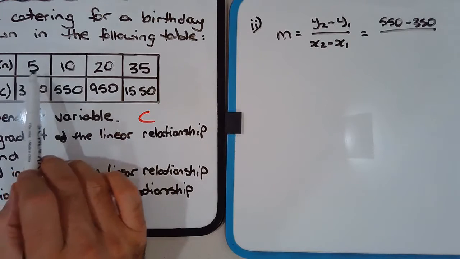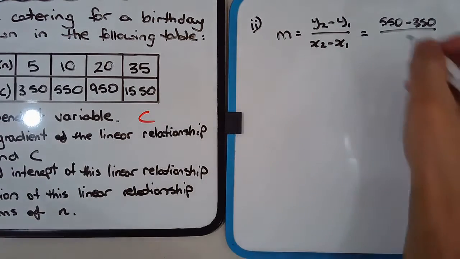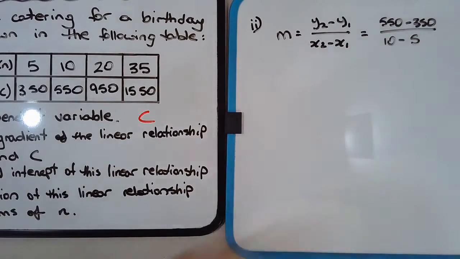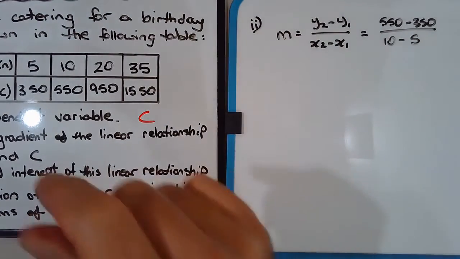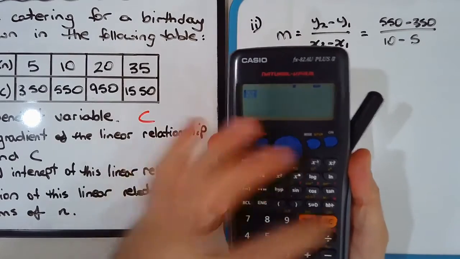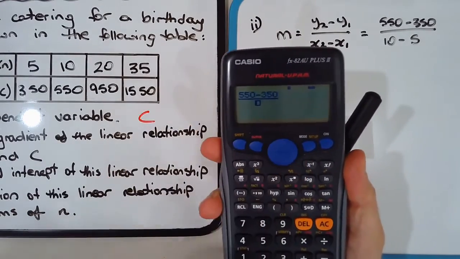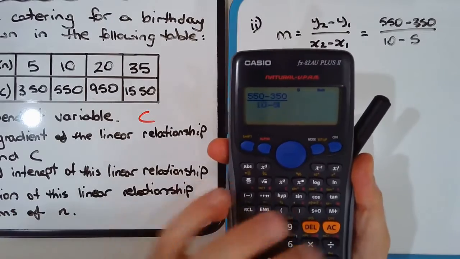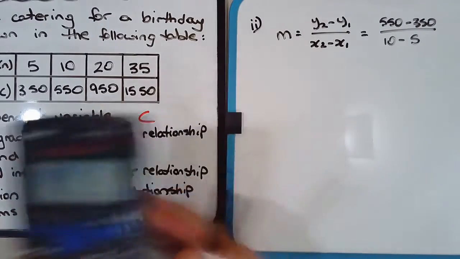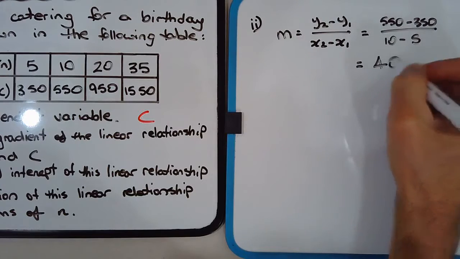So this is the independent variable now, this is the top row, 10 minus 5. Let's work that out. If you do it as a fraction, 550 minus 350 over 10 minus 5, we get 40. So that equals 40.